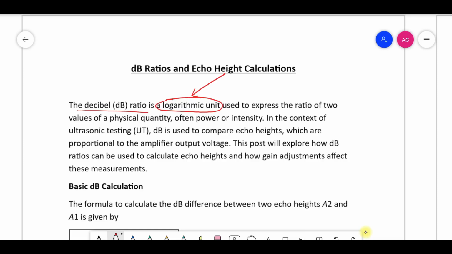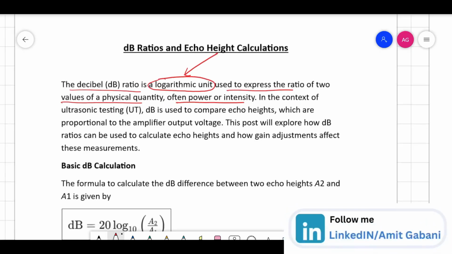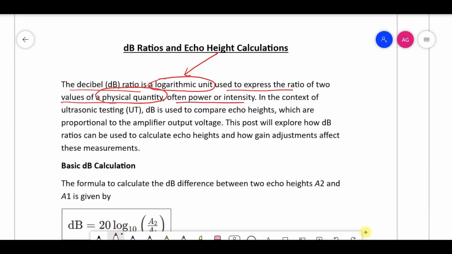The dB ratio is a logarithmic unit that expresses the ratio of two values of physical quantities such as power and intensity. Sometimes there are so many units that you can't show them in a single chart, because their quantity is very high.